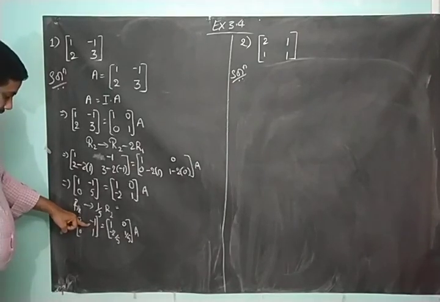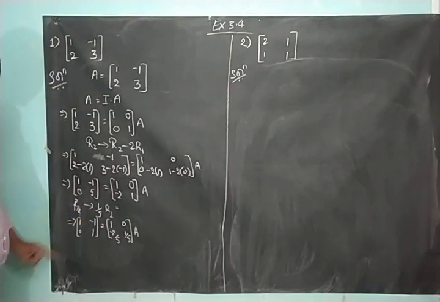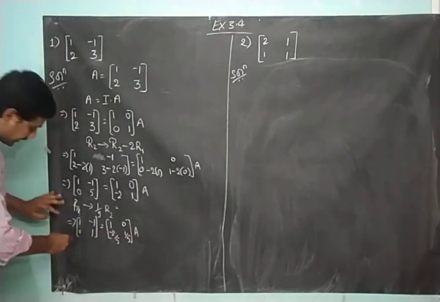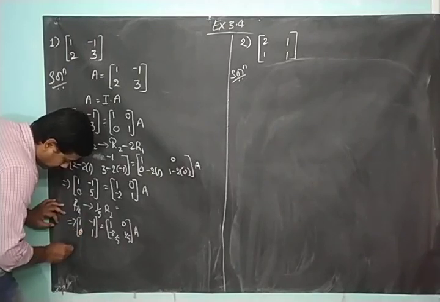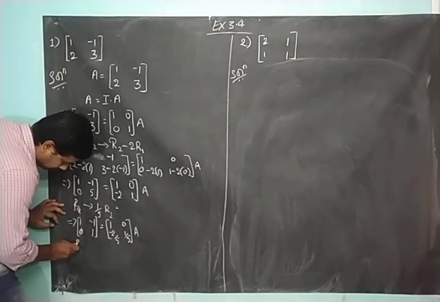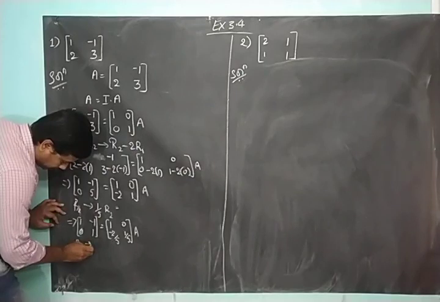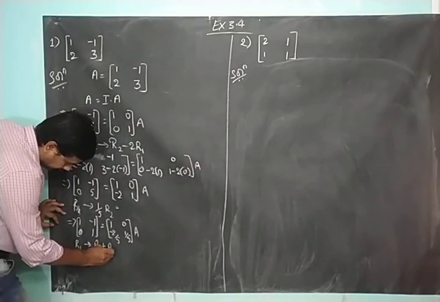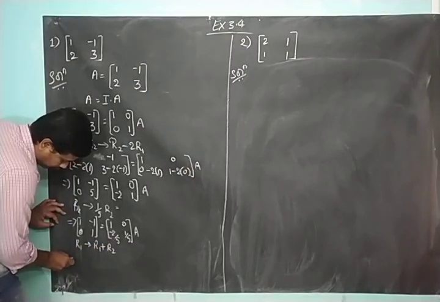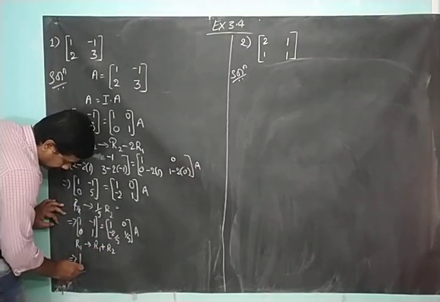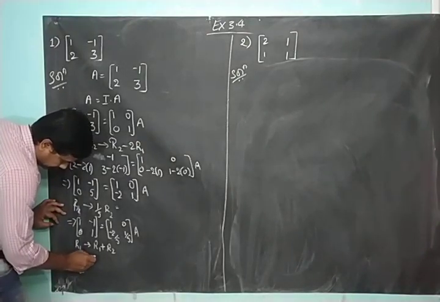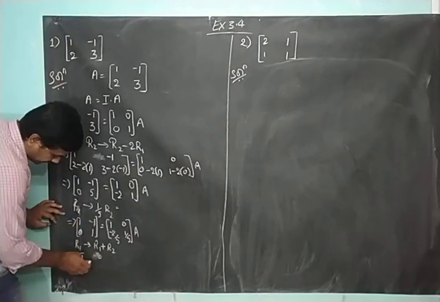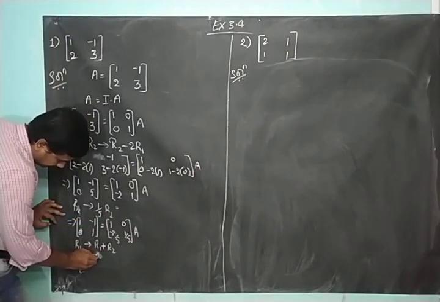Now what remains is this minus 1, which has to be converted to 0. If I add row 1 and row 2, I will get that as 0. So R1 changes to R1 plus R2. What happens here? 1 plus 0 is 1, minus 1 plus 1 is 0.